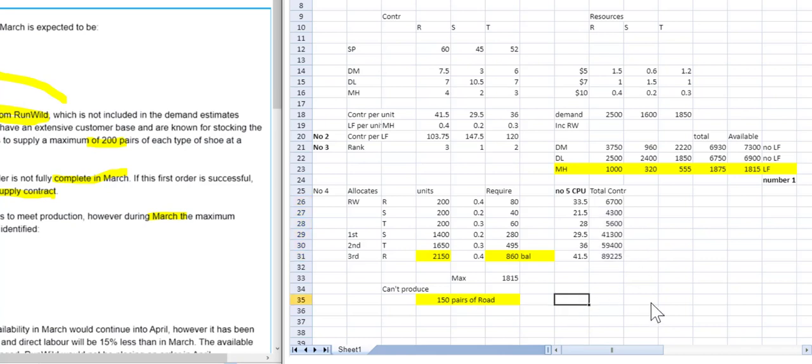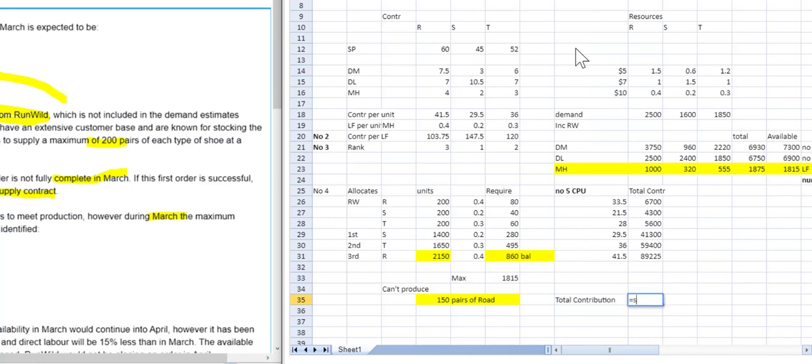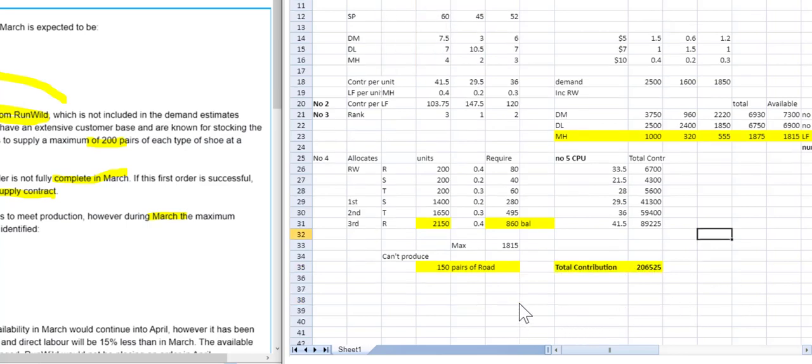And therefore the final answer is total contribution is the sum of all of those. So there's my final answer highlighted.